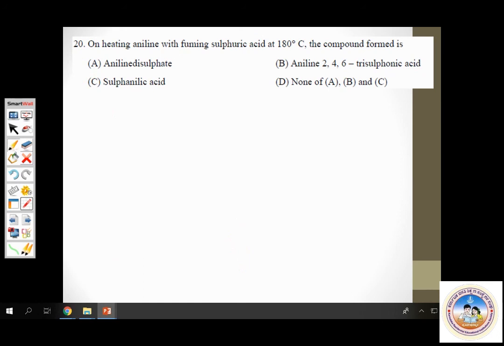On heating aniline with fuming sulfuric acid, you are heating aniline with sulfuric acid at 180 degrees Celsius. You are asked what is the compound formed. Let me rewrite those reactions. Aniline reacts with concentrated sulfuric acid.